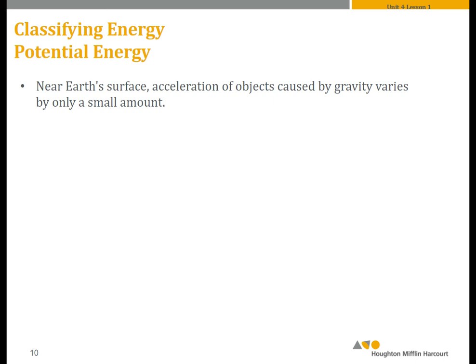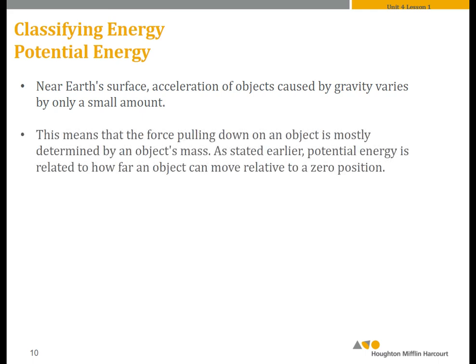The acceleration due to gravity is not that much different than it is on the surface of the Earth. And near the surface of the Earth, the acceleration of objects is given by the small letter g. g equals 9.8 or 9.81 meters per second squared. That's the acceleration due to gravity. That means that the force pulling down on an object is mostly determined by the object's mass.